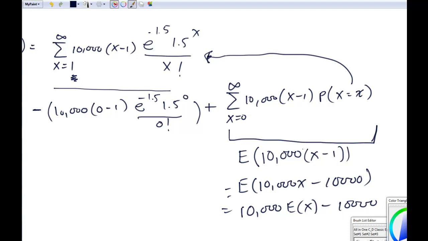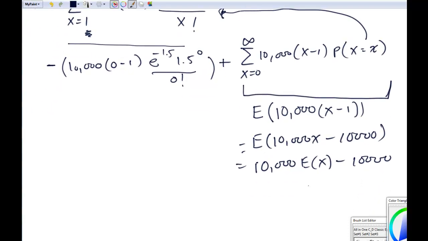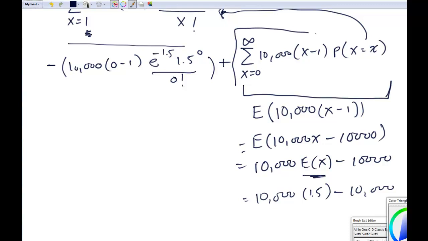And we already know what E of x is. It's 1.5. So this is 10,000 times 1.5 minus 10,000. Alright, so we know this portion right here. Easy peasy.